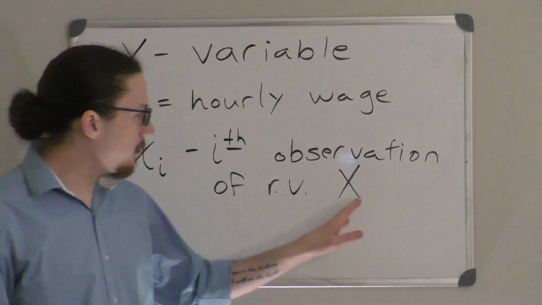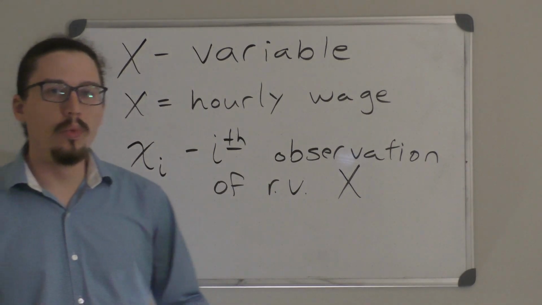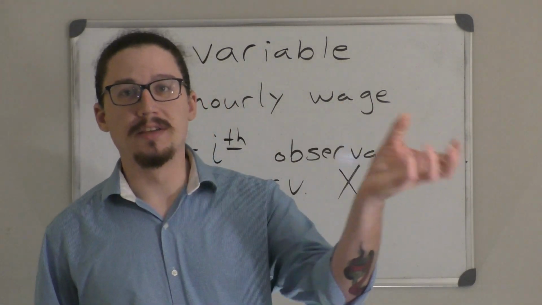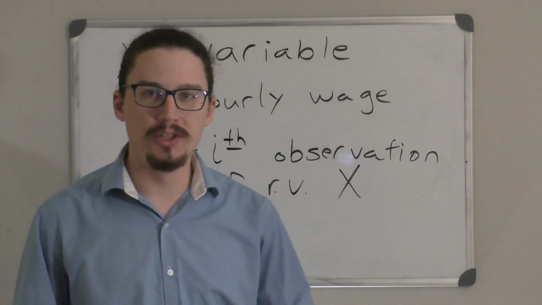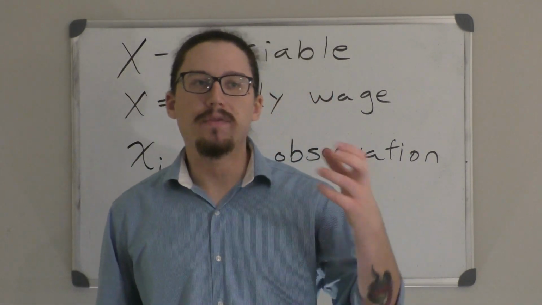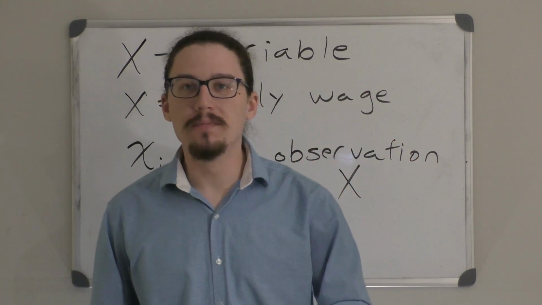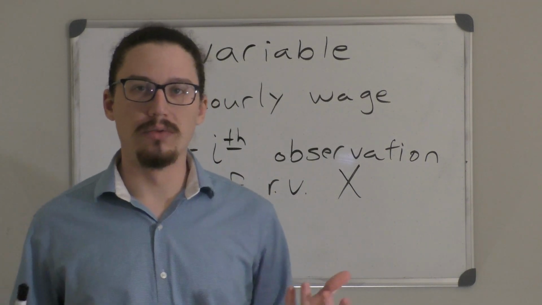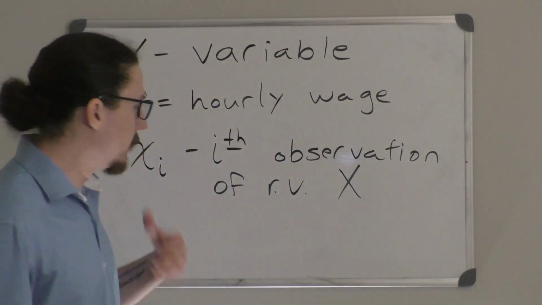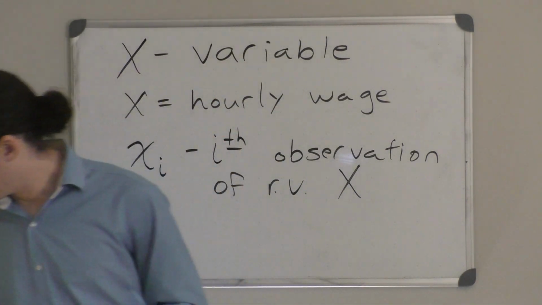Once we specify which one, if we had x1, that would be the first observation. If we had x23, that would be the 23rd observation of our random variable X, and so on and so forth.